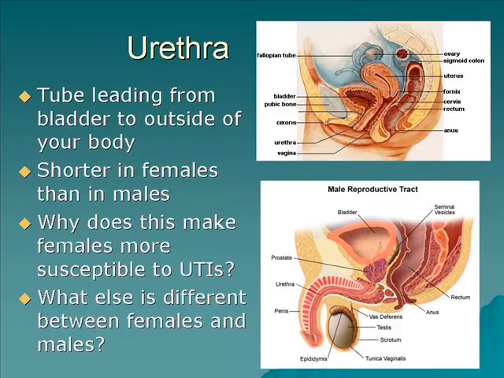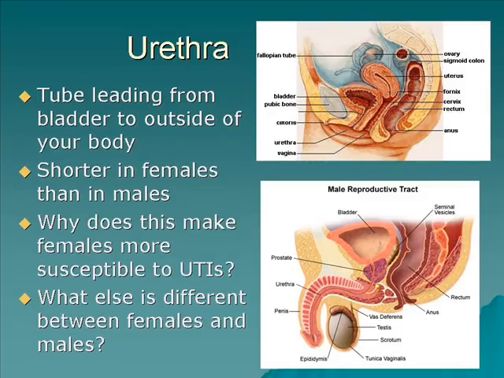I'm hoping you came up with the idea that because it's much shorter, it's much closer to the outside environment. No matter how hygienic a person can be, there's bacteria all over your body, there's all sorts of germs out in the world. So the closer your urinary tract and your bladder are to that outside world, the more susceptible they're going to become to urinary tract infections.